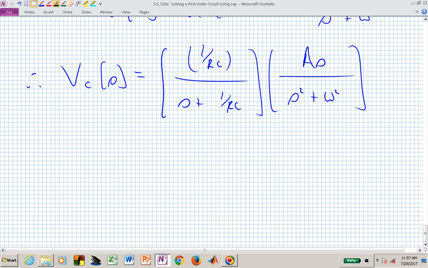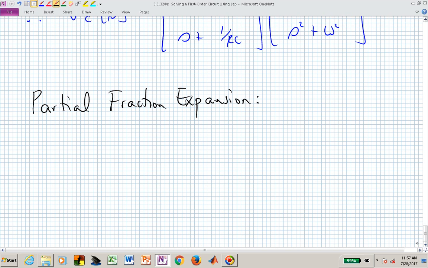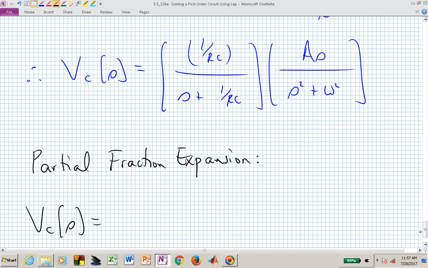And I hope now that you know, oh, I can now do a partial fraction expansion, because my denominator is third order, my numerator is first order, it's strictly proper. I can immediately say that V sub C of s is going to have, and what do I have? I have a complex root at plus and minus j omega.